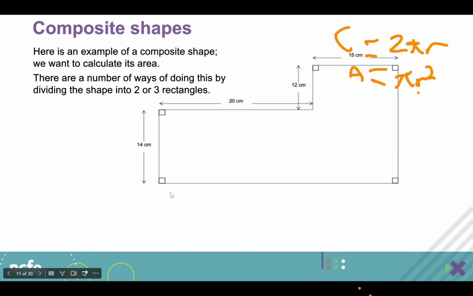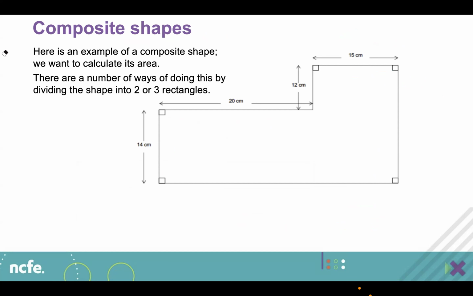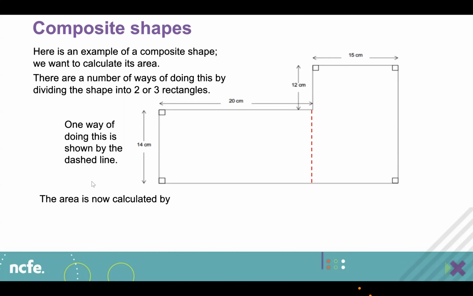Composite shapes. These are shapes that are made out of several different shapes. So here is an example of a composite shape. We want to calculate its area. There are a number of ways of doing this, by dividing the shape into two rectangles and putting a line there. And we know that line equals 14.